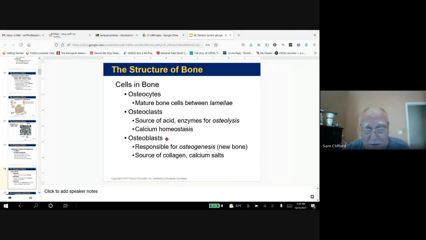What are the types of bone cells? Mature bone cells are called osteocytes. Osteoclasts allow bone to be broken down, osteolysis, and osteoblasts build new bone. They secrete collagen and calcium salts.